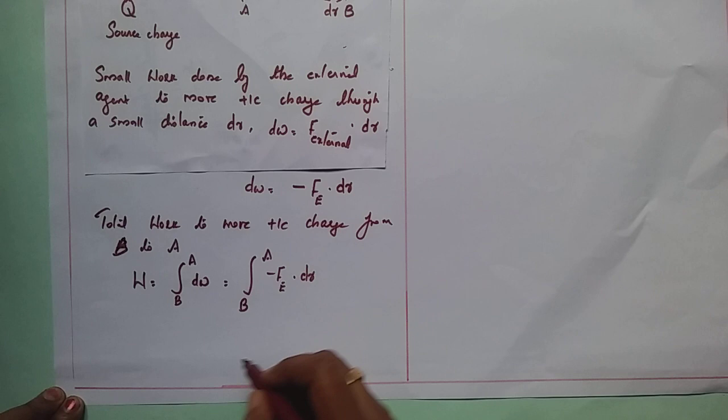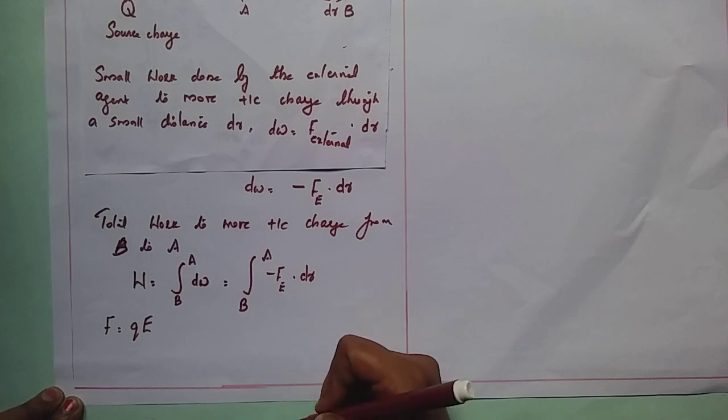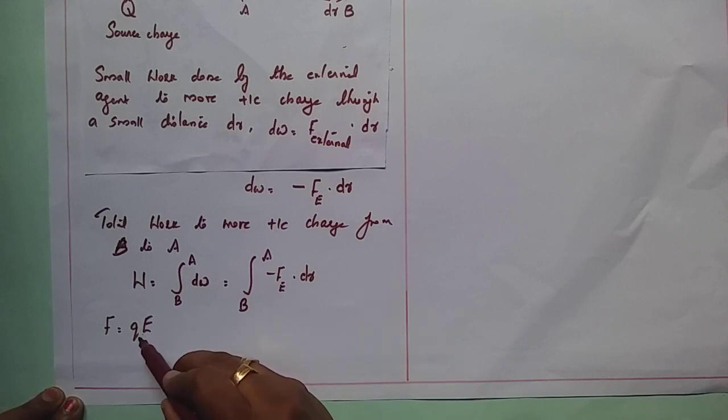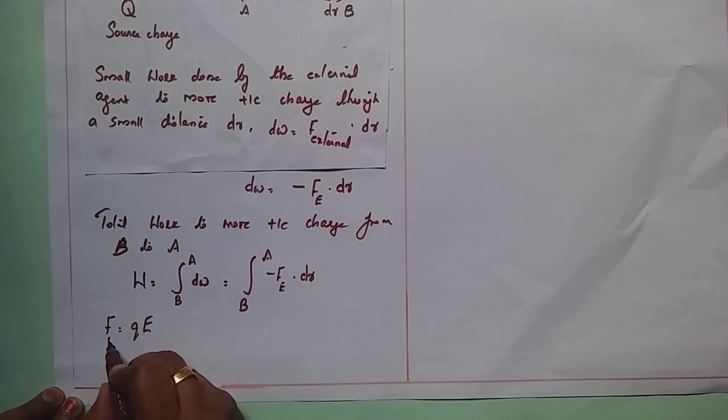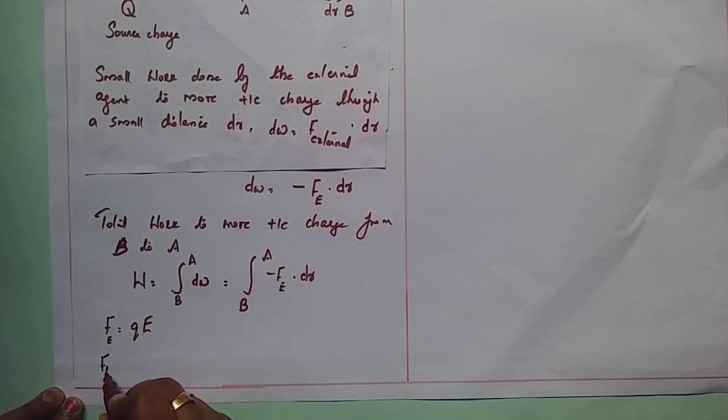But electrostatic force is given by charge into electric field, F equal to QE, no? But what is Q here? 1 coulomb. Electrostatic force is QE, but Q equal to 1 coulomb, and hence Fe equals electric field.